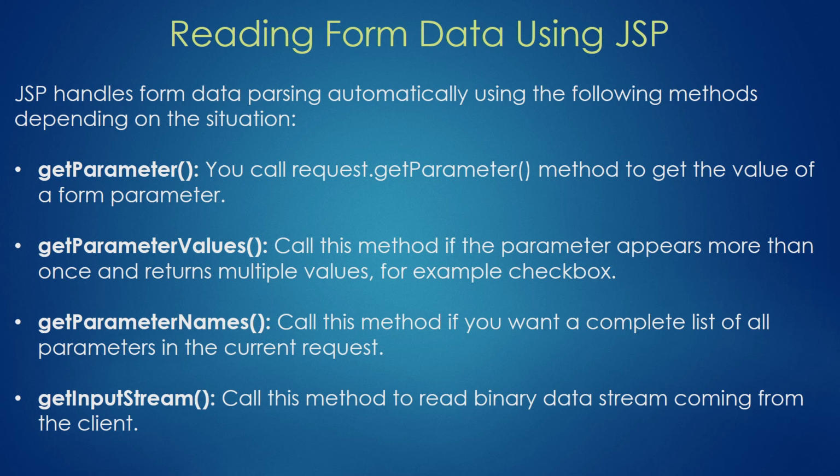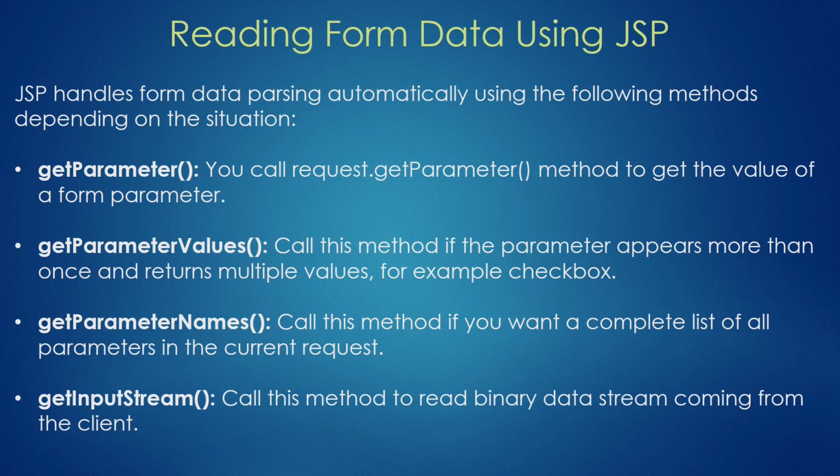GetParameterNames method. Call this method if you want a complete list of all parameters in the current request. The last one, getInputStream method. Call this method to read binary data stream coming from the client. Okay, now you have a better understanding of JSP form processing methods and methods to read form data.